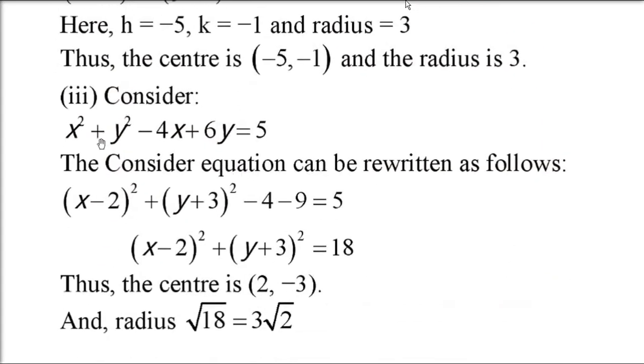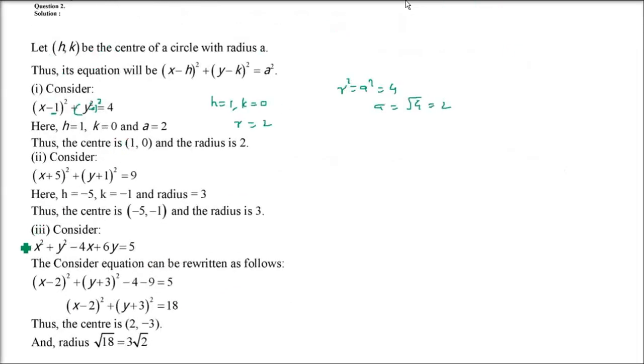Third one, x square plus y square minus 4x plus 6y equals 5. So what do we do here? Combine the x, we will try to make it a perfect square. And whatever we add to make it a perfect square, we have to add on the right hand side also. So x square and minus 4x, what you have to do?